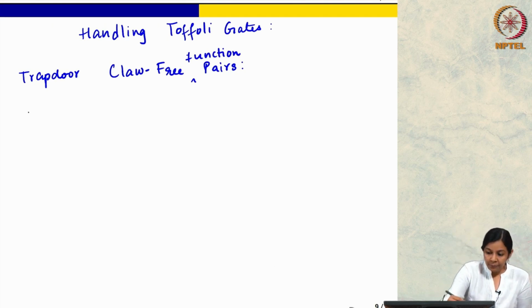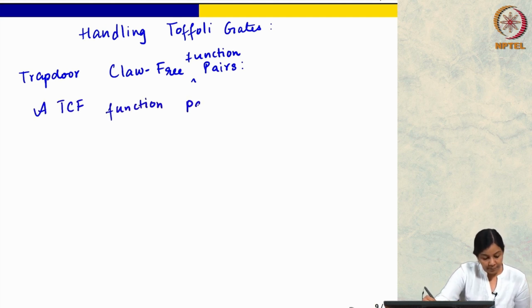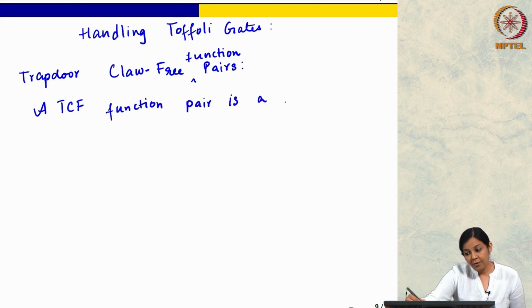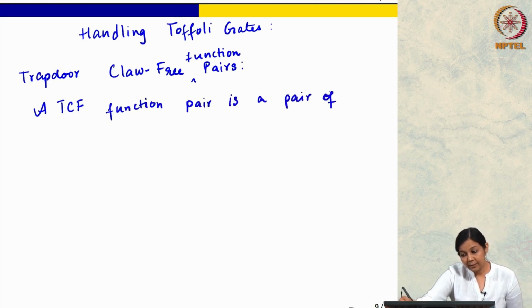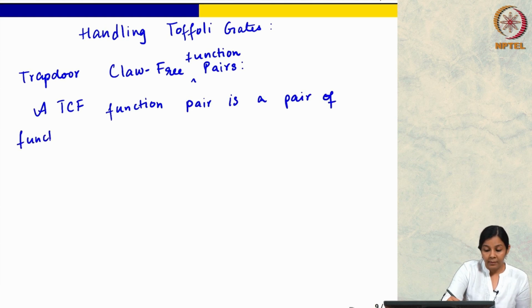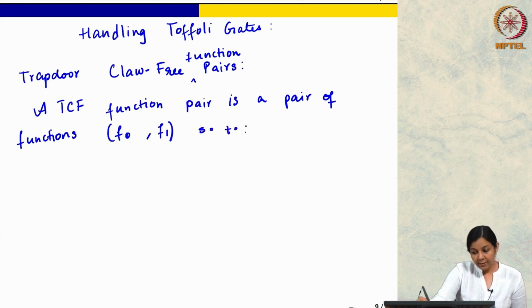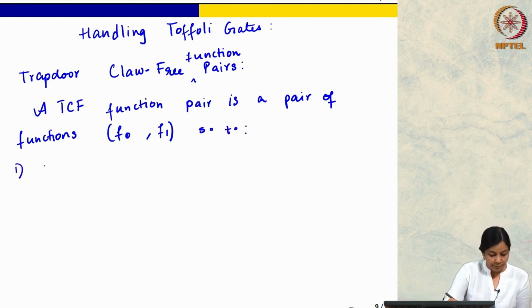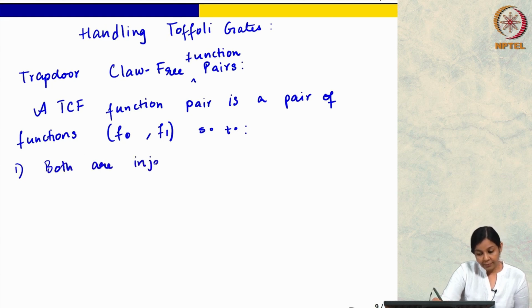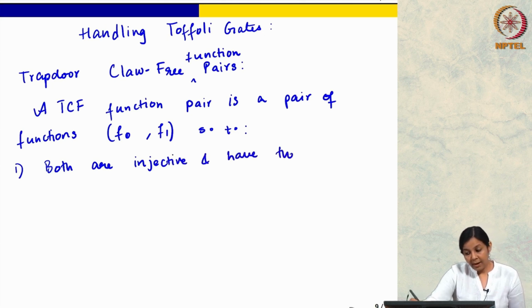A TCF function pair is a pair of functions f0, f1 such that both are injective and have the same image.